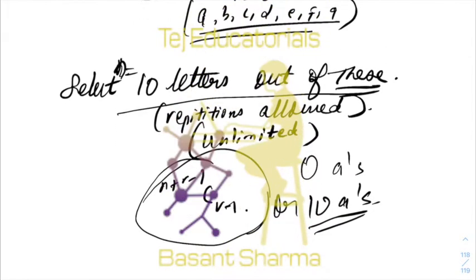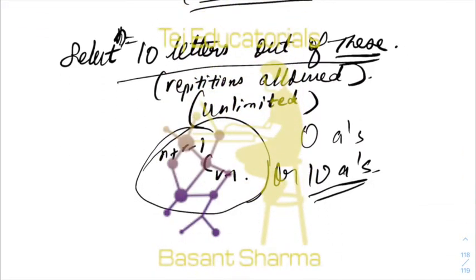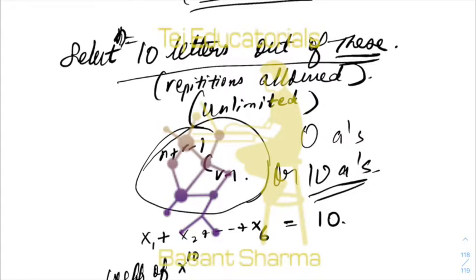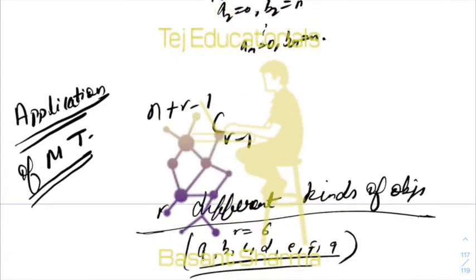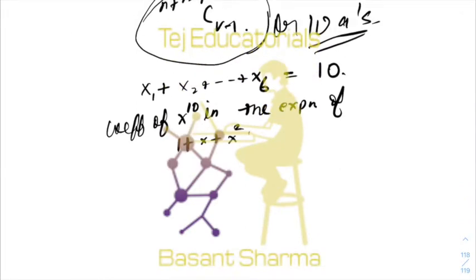Basically you have to find the number of solutions of x1 plus x2 till x6 equal to 10, and you want to find the coefficient of x to the power 10 in the expansion of (1 plus x plus x square, so on) multiplied 6 times.